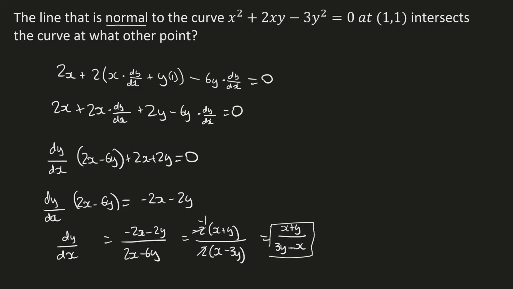So we just differentiated the equation of the curve, and if we plug in the point (1, 1), we can find the slope at that point by plugging it into this equation.